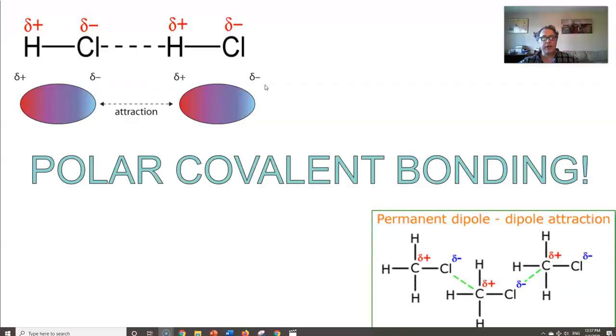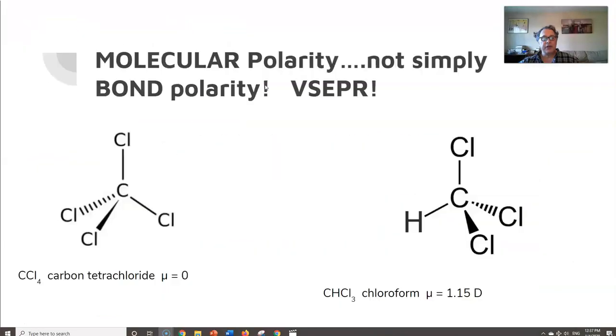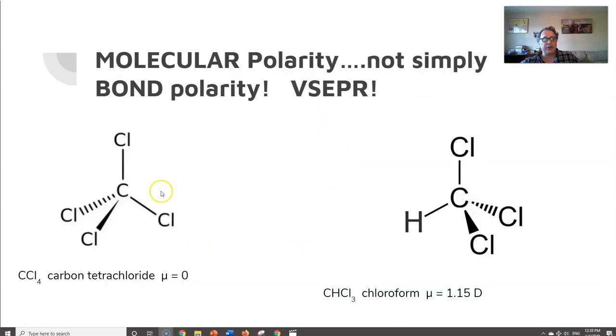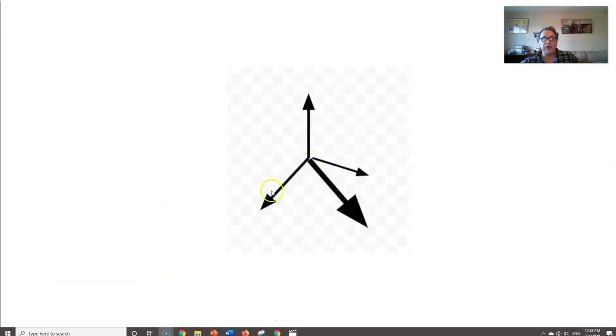And so in this comparison of carbon tetrachloride versus chloroform, you have to imagine 4 vectors pointing at the corners of a tetrahedron. And when those 4 atoms that the central carbon is bonded to are identical, as is the case in carbon tetrachloride, those 4 vectors cancel. So 4 polar covalent bonds are all pulling in basically opposite vector directions so that the net vector sum is 0.